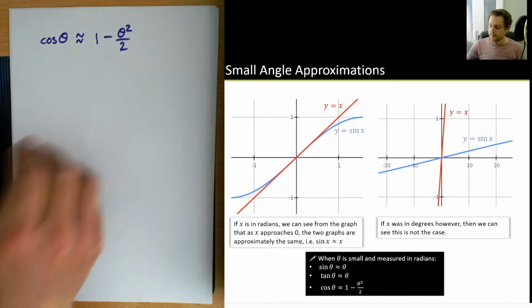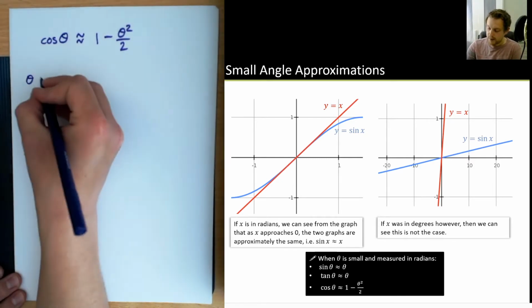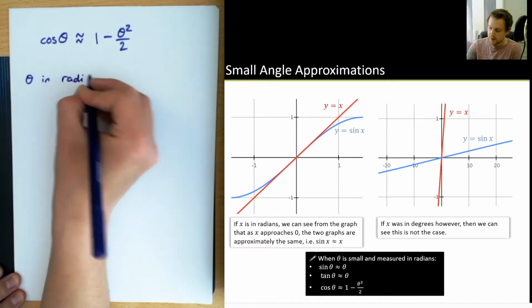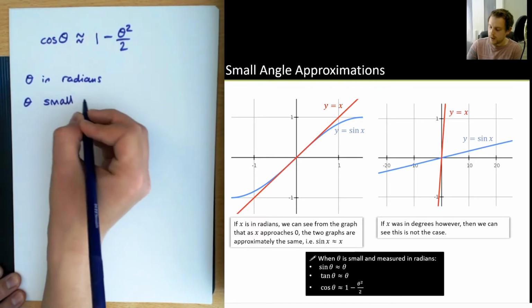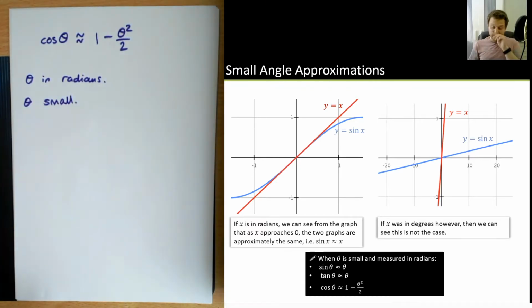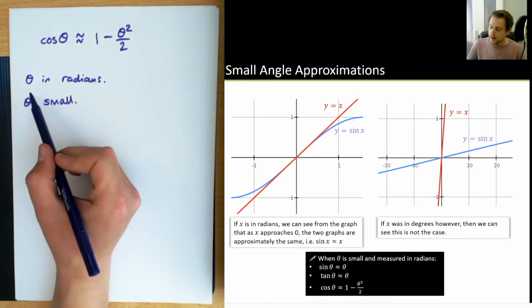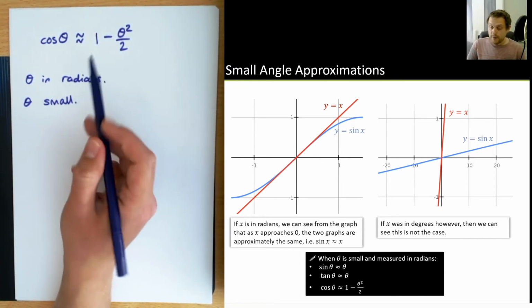Now, for theta in radians and for theta small. Now, I'm not going to go into a full explanation of this one, like I will do with sine after I've gone through the questions. But I might just briefly show you this now.